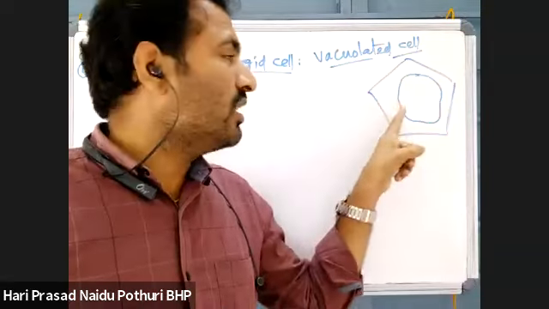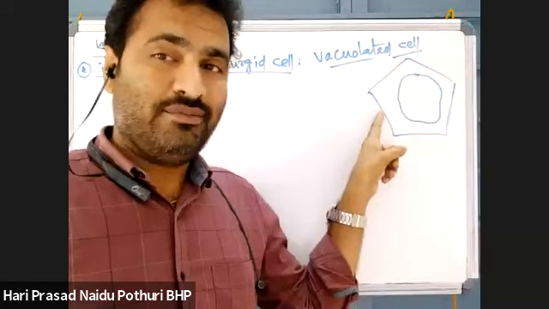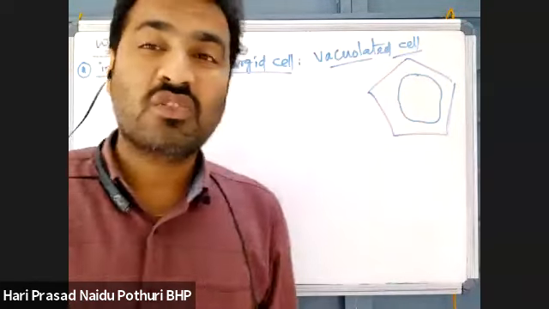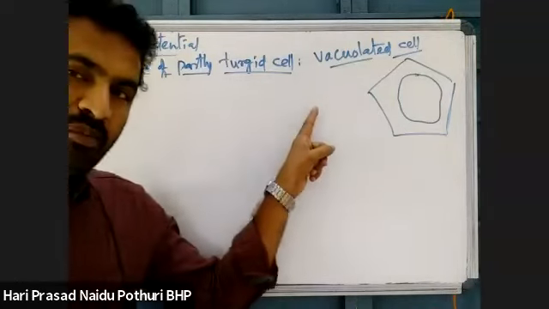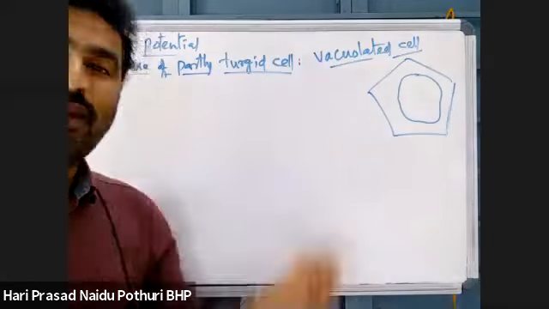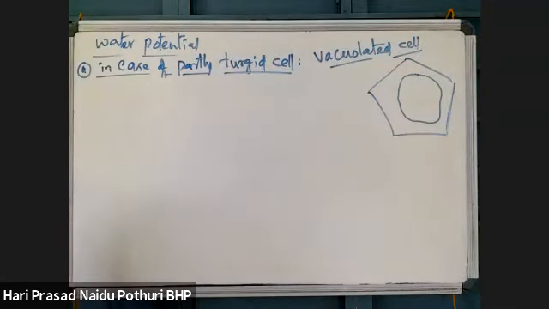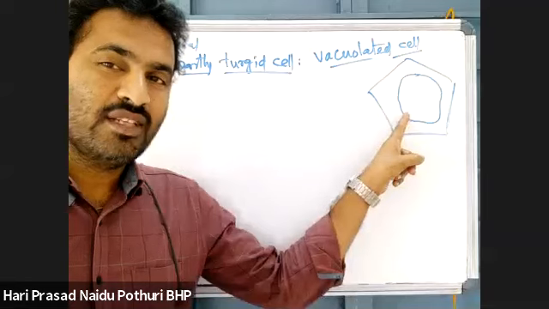Okay, here, if you see in this condition, water is partially filled, not fully, so inside that solute concentration is more. So solute potential is maximum, but pressure potential is not maximum, because already it is filled.